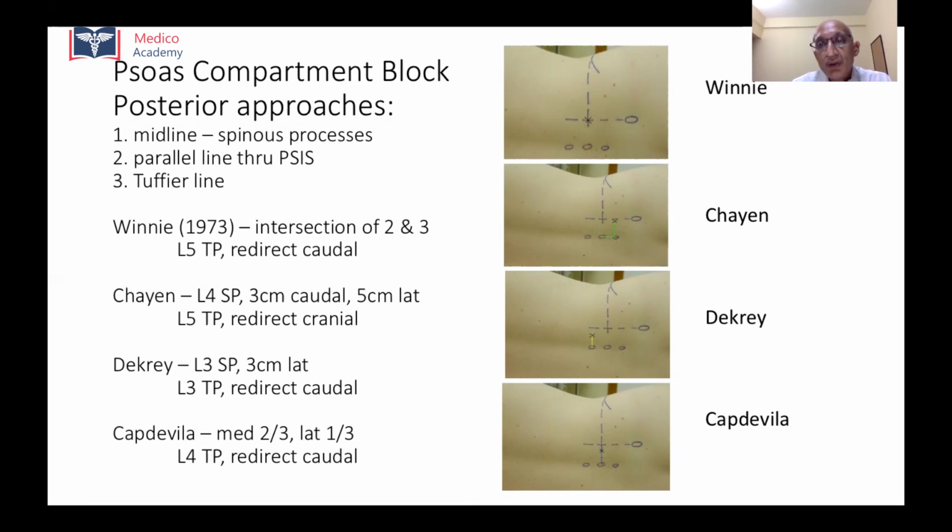Now, the first two approaches were found to be too lateral, and there was a serious risk of missing the lumbar plexus altogether. The third approach was found to be too medial, and the risk of epidural spread of local anesthetic was too high. So Capdevila is currently the flavor of the day.